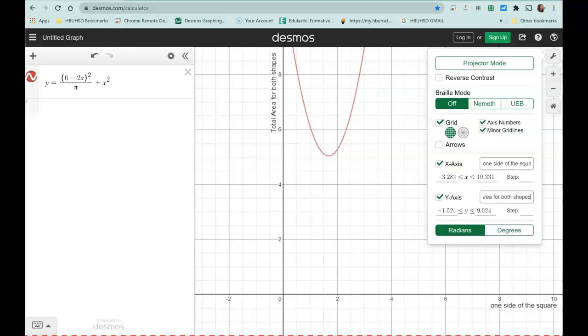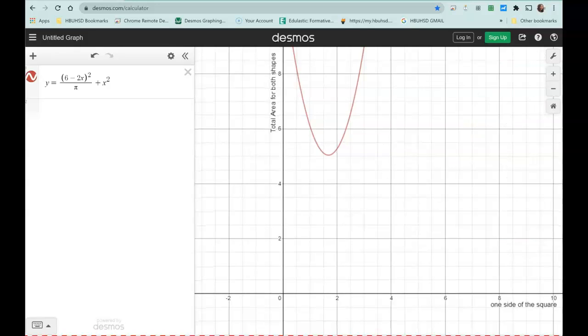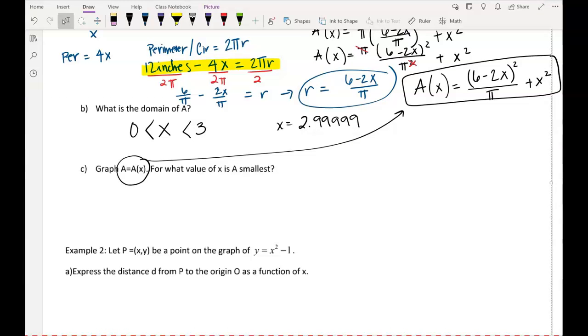So you have to understand what each variable represents whenever you are doing an application. And it's looking for the smallest side, right? So all we do is trace that value. So currently the smallest side that you can have, which again is the x, right? 1.68. So go back and write 1.68.